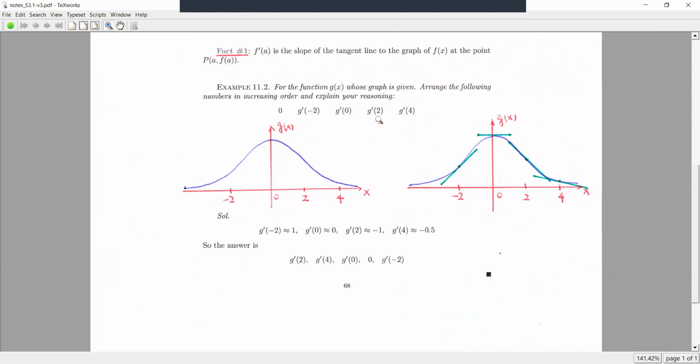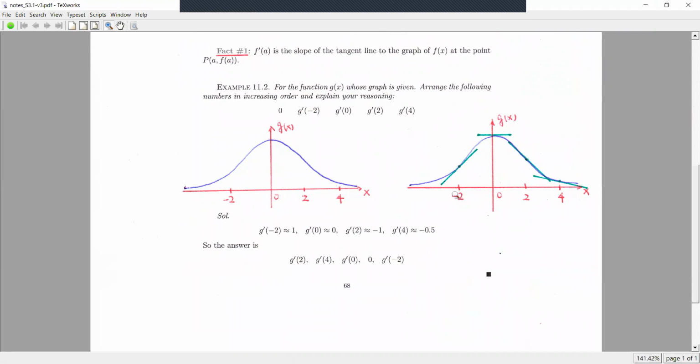We have 5 numbers. Some are derivatives. A derivative is a number because a derivative is a limit, and a limit is a number. According to this fact, the derivative at -2 is the slope of the tangent line at -2.